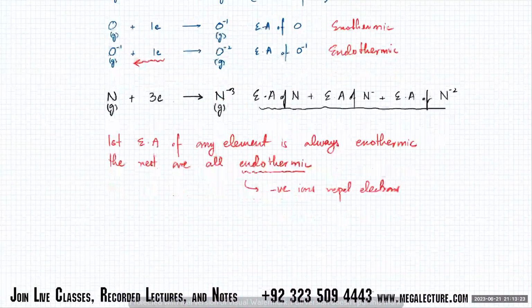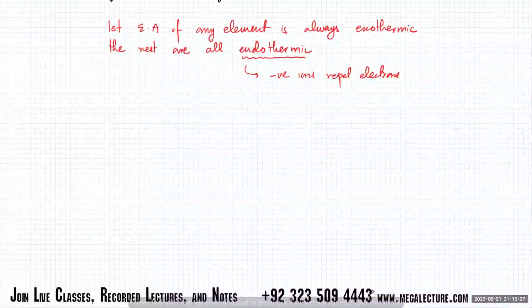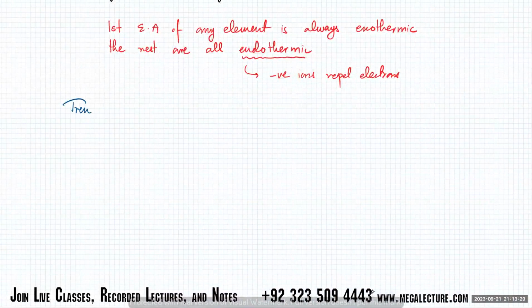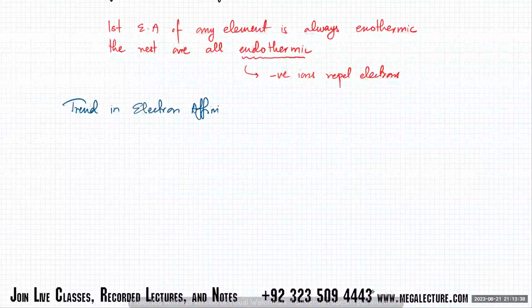You have to study a simple trend in electron affinities in group 17. So, trend in electron affinity. And this trend pretty much applies to group 16 and 15 as well.